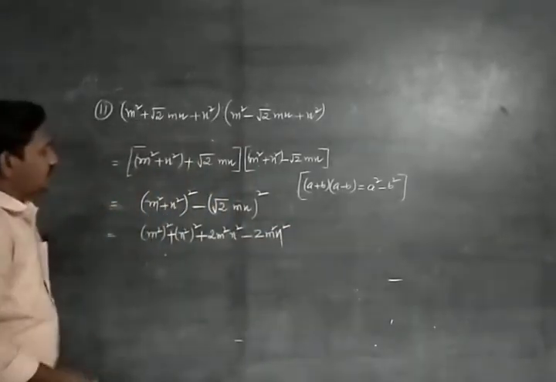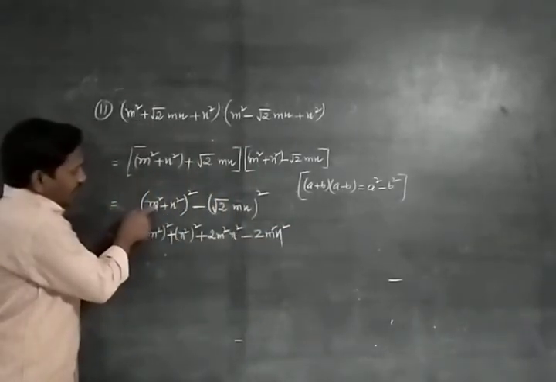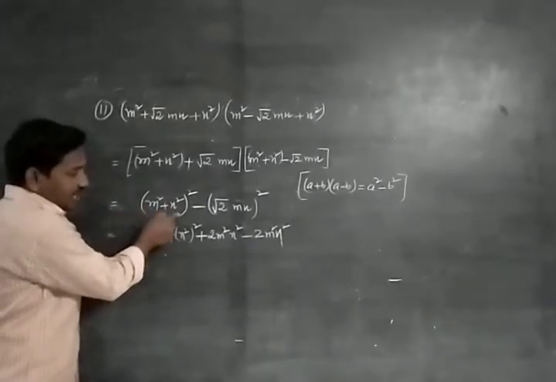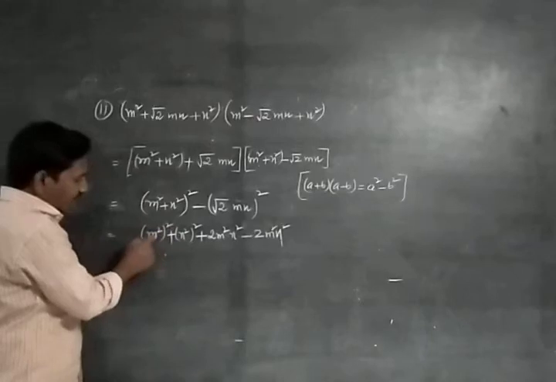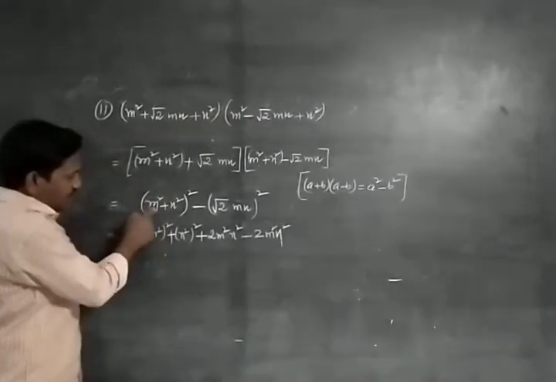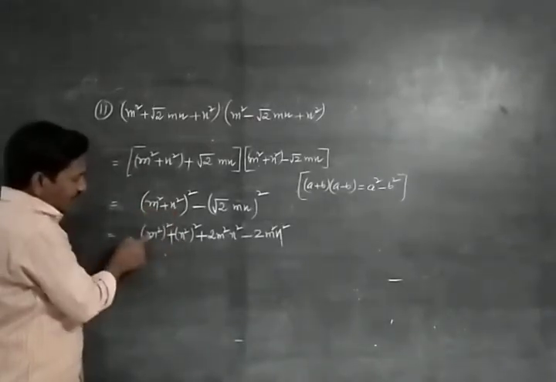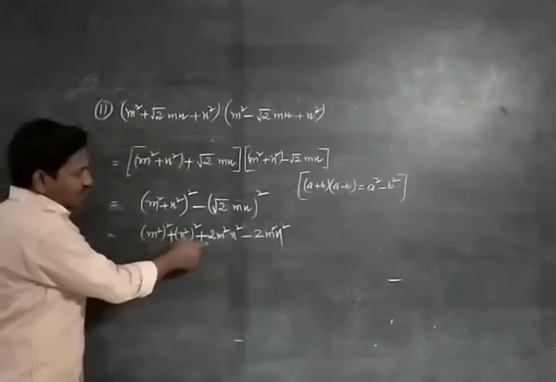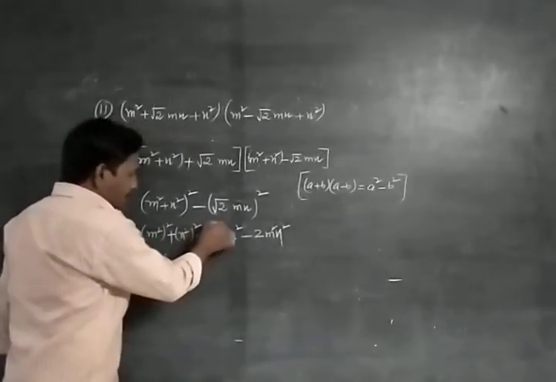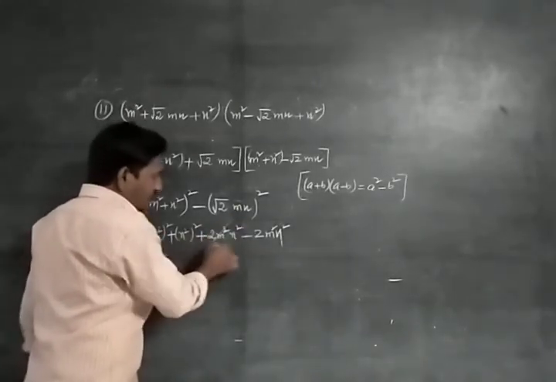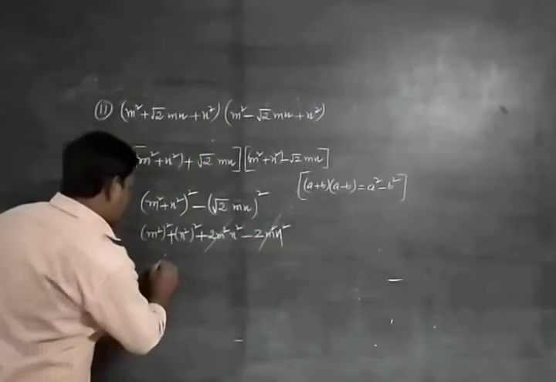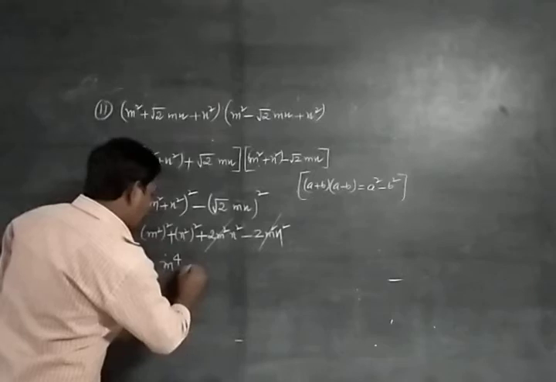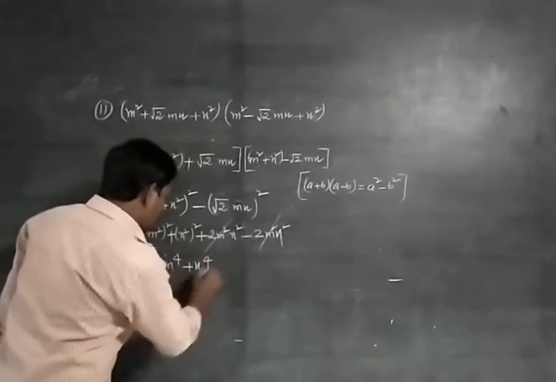Why? Because here also a plus b whole square means a square plus b square plus 2ab, where a means m square and b means n square. Both are cancelled. What is the remaining one? M power 4 plus n power 4.